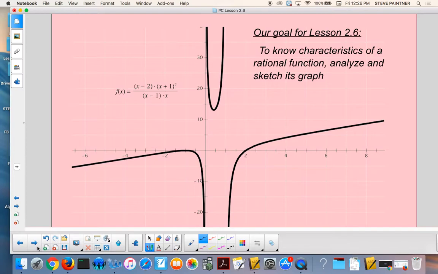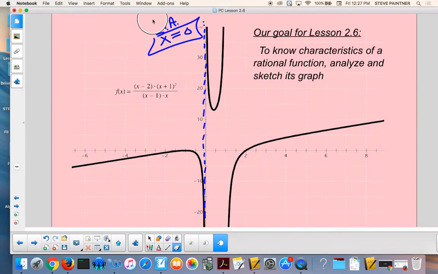Do you see, maybe on your graph or maybe up here, any vertical asymptotes? Yes. X equals 0, and x equals 1. Okay. So x equals 0 is right here. Vertical is x equals 0.